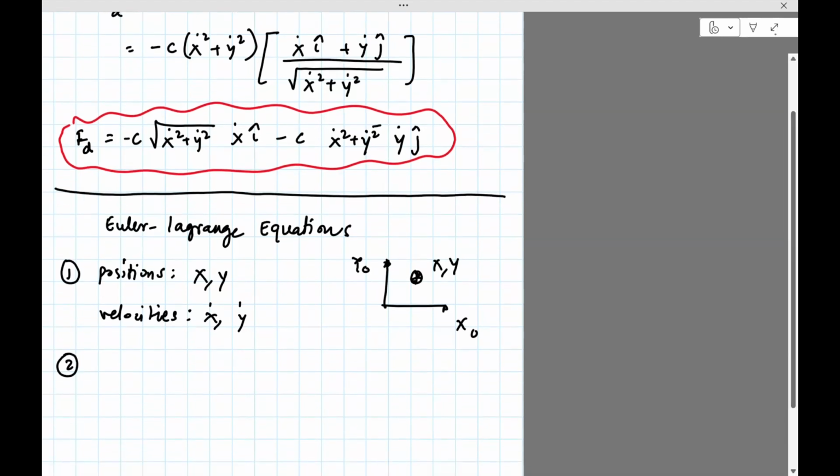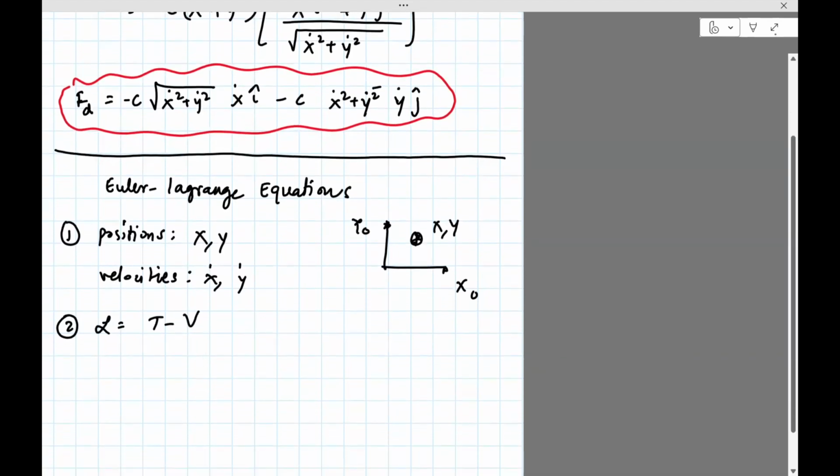The second step is to write the Lagrangian, which is T minus V. For T, we have two parts: half m v square and half I omega square. This is a point body, so there is no inertia; the spinning has no effect. So we're only left with one part, which is half m v square. And of course, I'm assuming that the mass is m.